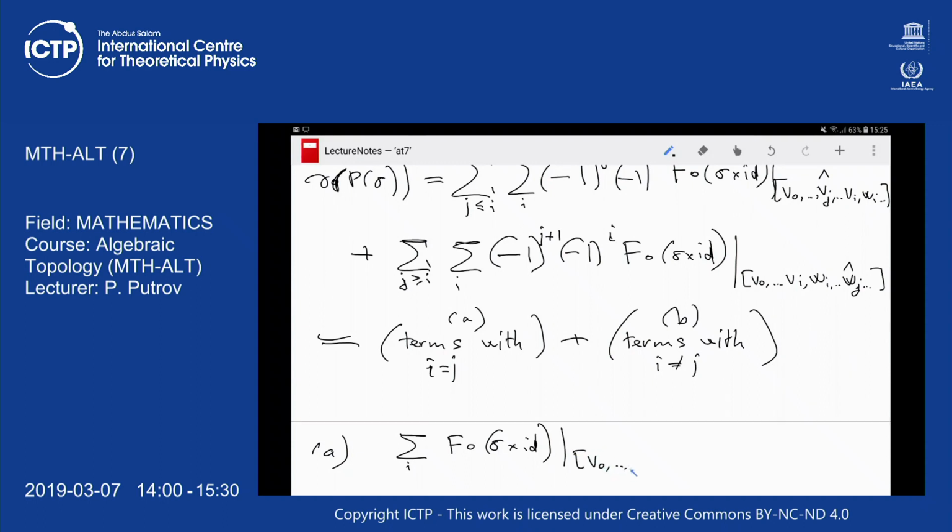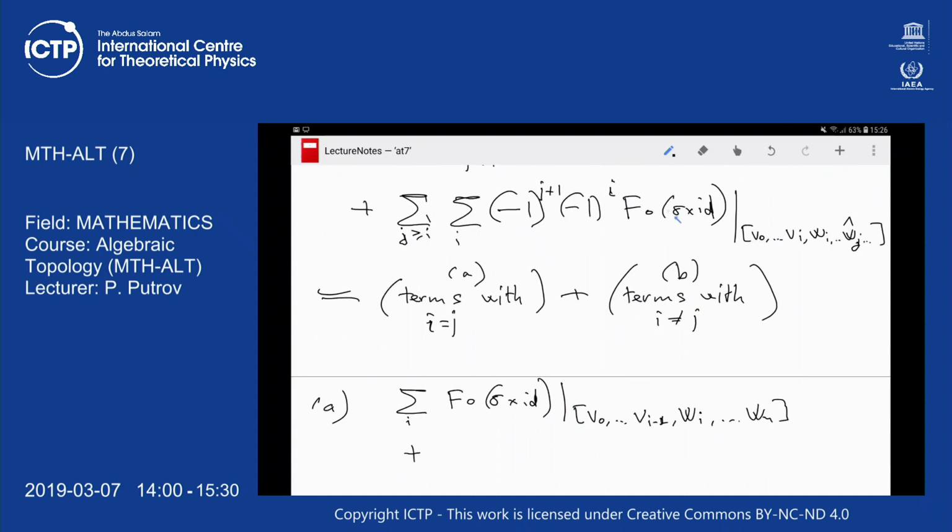Let's start from V0 and go till VI. J equals I, so I remove this, so I have I minus 1. And then I continue with WI up to W.